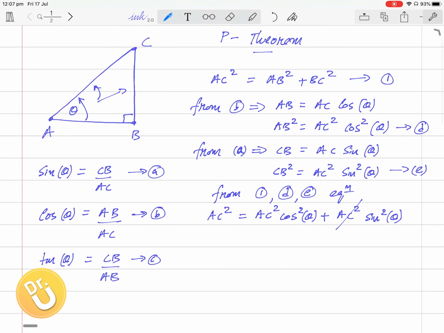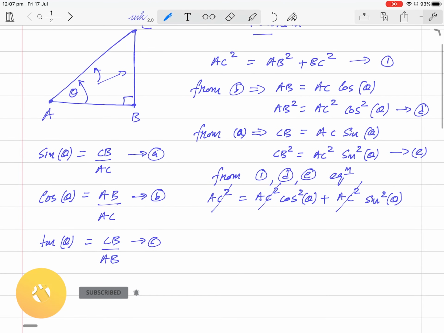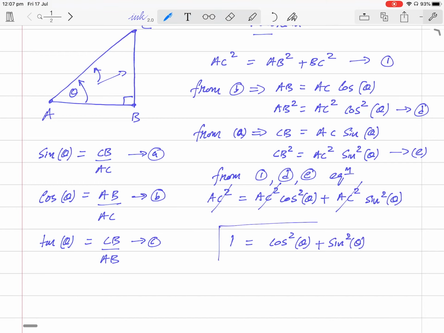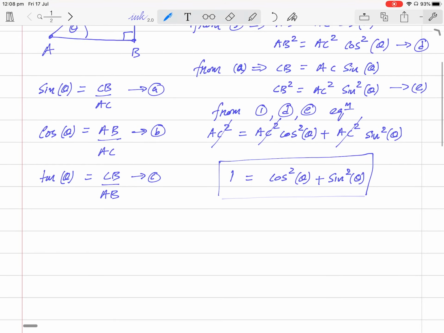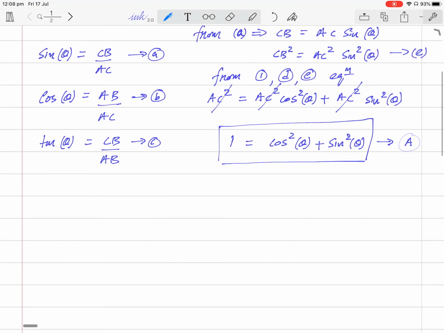So now AC squared is common, so you can cancel those together. So 1 is equal to cos squared theta plus sin squared theta. And this is very important for physics students and obviously for the math student, but for physics, these three identities which I'm going to show you are very important. So now this is my main equation, capital A.